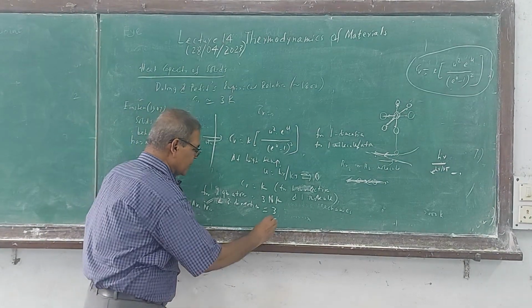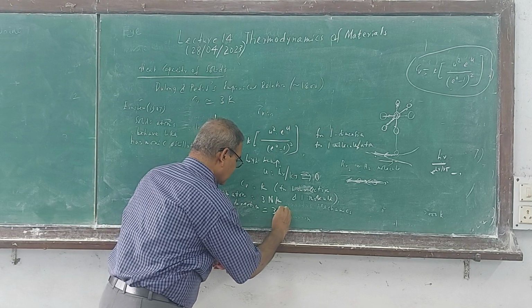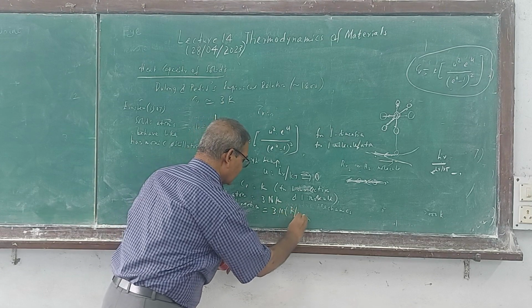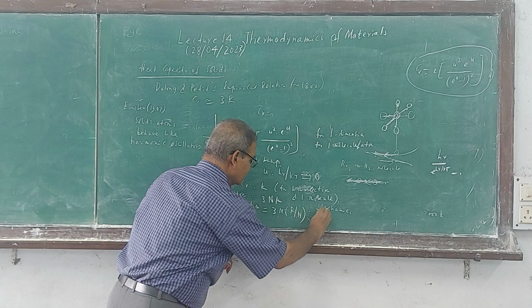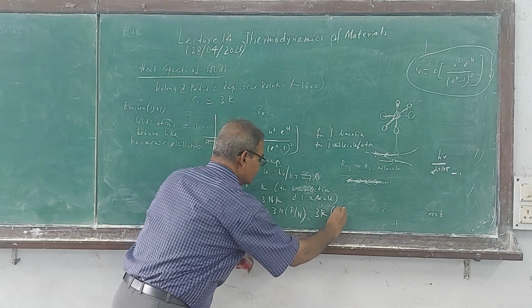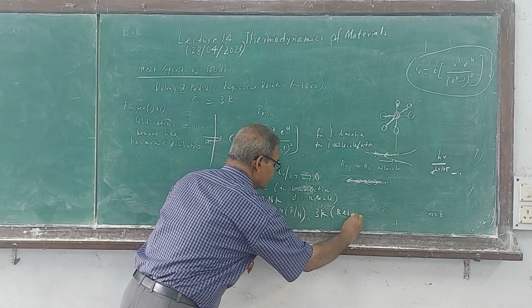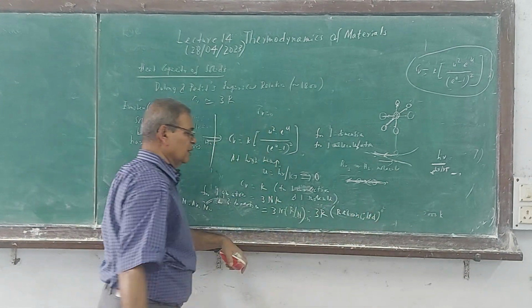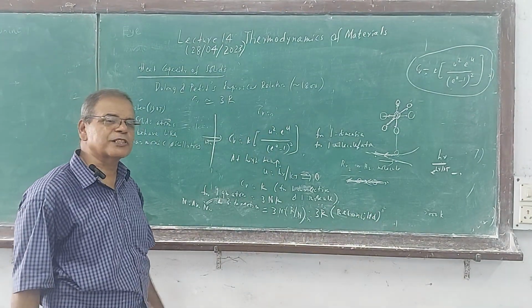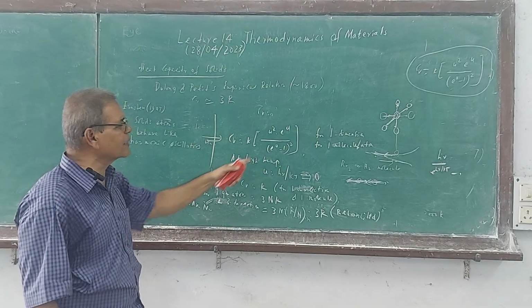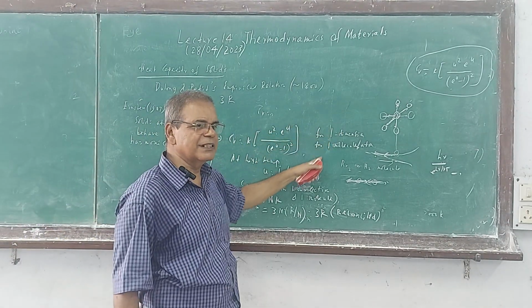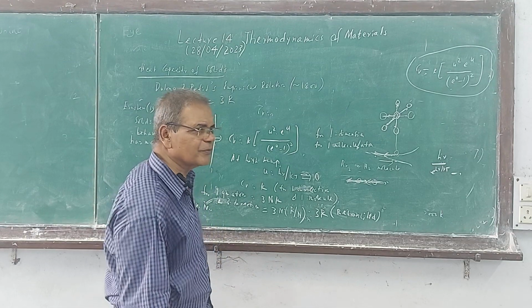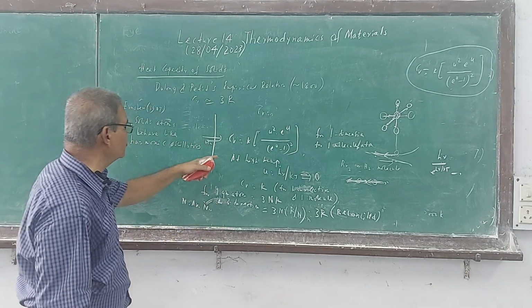K is R by n. So what do you get? So it is reconciled. But the question remains, why does the heat capacity drastically drop with decreasing temperature? This will be explained.